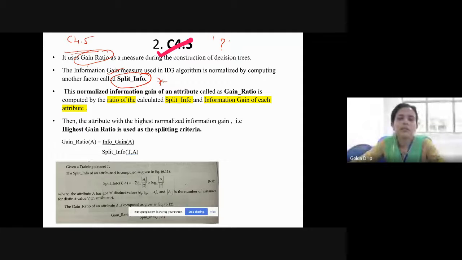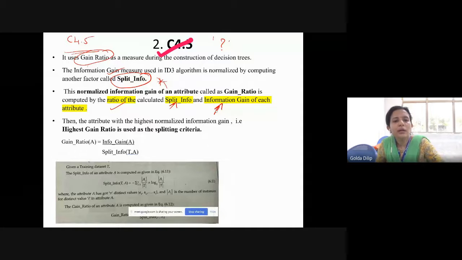Split information, this is important. So this normalized information gain of an attribute is what is called your gain ratio. The information gain of the attribute, whatever you had in your ID3, is being normalized. The normalized information gain of an attribute is called your gain ratio, and it's basically computed as the ratio of the calculated split information and information gain of each attribute. I'll show you how it works.